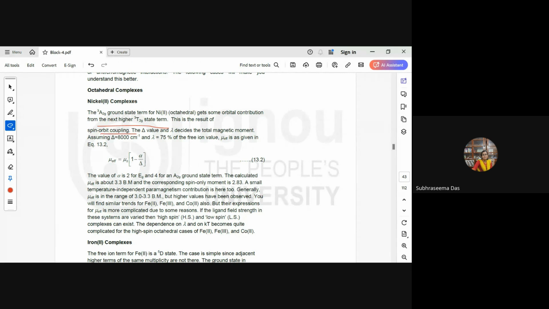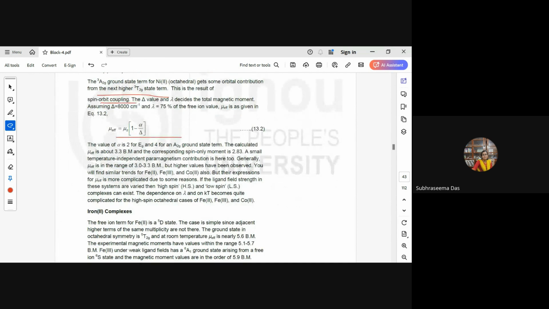Therefore the delta value, that is the CFSE value, and the lambda decide the total magnetic moment. The magnetic moment is given by this. The calculated mu effective is found to be this, and the corresponding mu s was found to be 2.83.